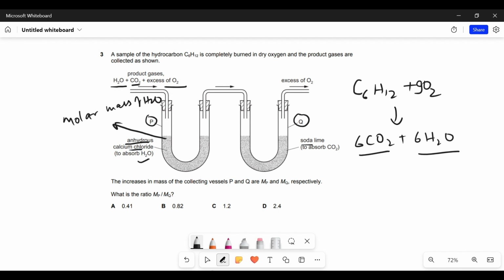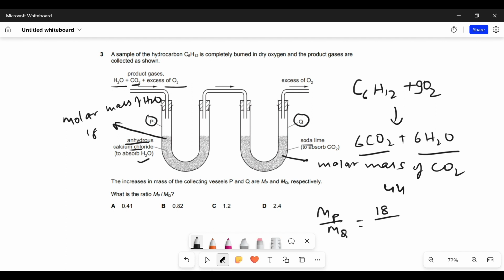Similarly for Q, the increase in mass is because of absorption of CO2. So the mass that has increased will be in multiple of molar mass of CO2, which is 44, this is 18. So if I find out the ratio of MP upon MQ, it will be 18 upon 44, which comes out to be approximately 0.41. Hence option A is the correct option.